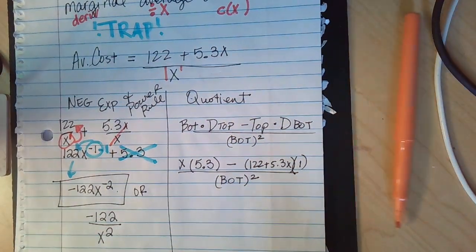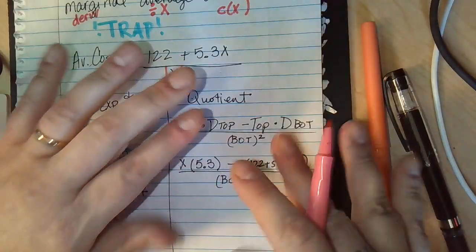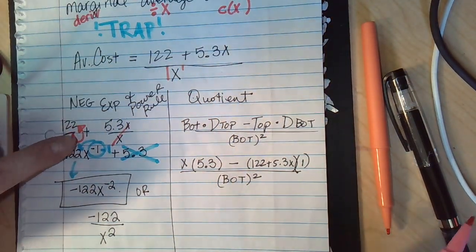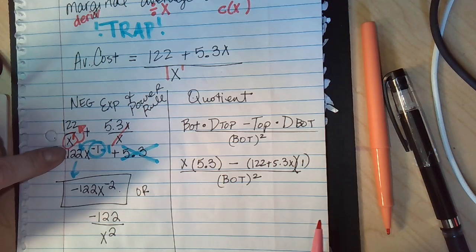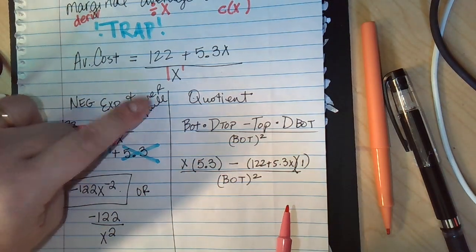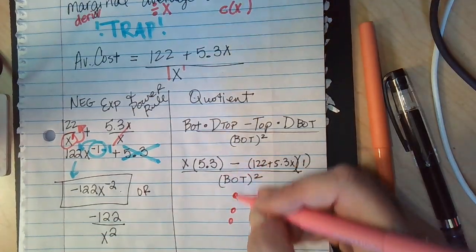Okay, hopefully you can see that this is going to be too much for you to do. So, if I were you, I would focus on changing that x from the denominator, from the bottom, into a negative exponent and using this power rule. Because we still have, oh my goodness, so much more to go.